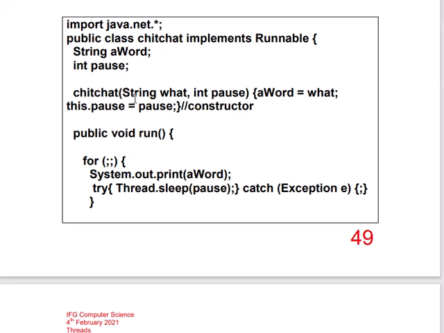So have a look at this. And here's my run method. I print out the word, and then I use Thread.sleep with pause plugged in to specify the time I'm to go to sleep.